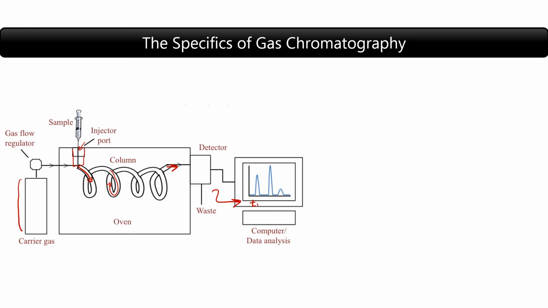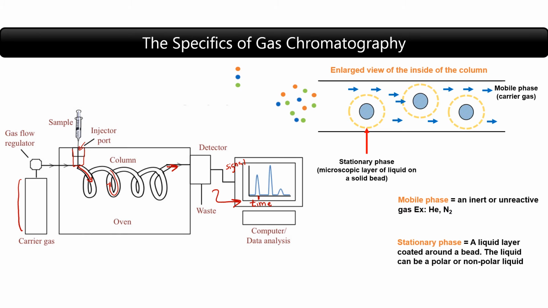And this graph is time versus signal, and as each compound exits the column, we get a peak at that specific time point, and the size of the signal is directly proportional to how much of that compound was present in the original mixture.